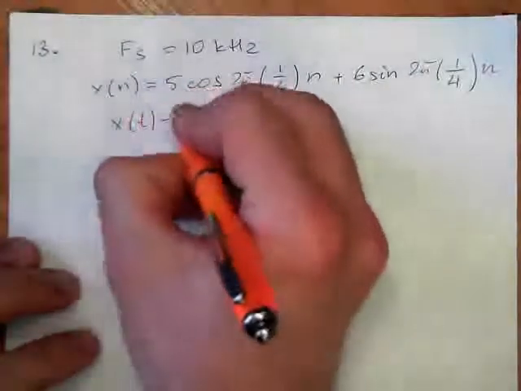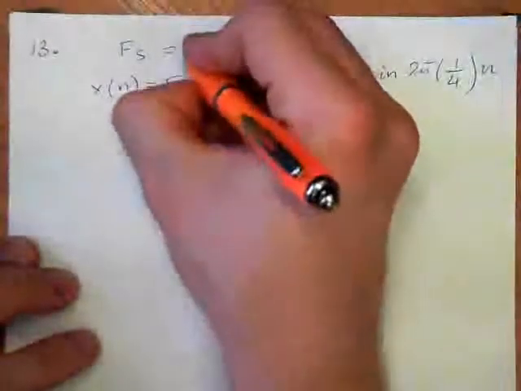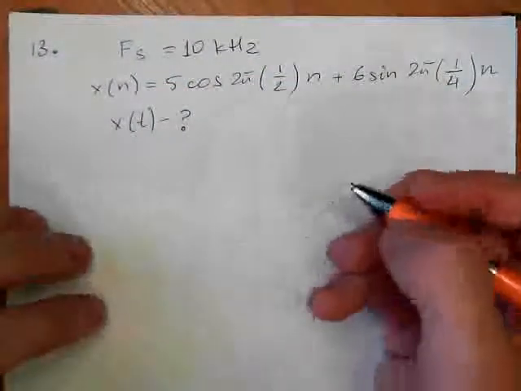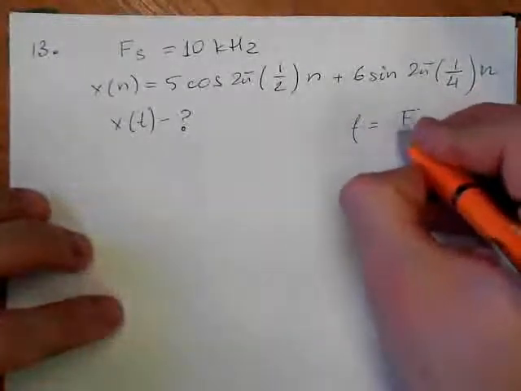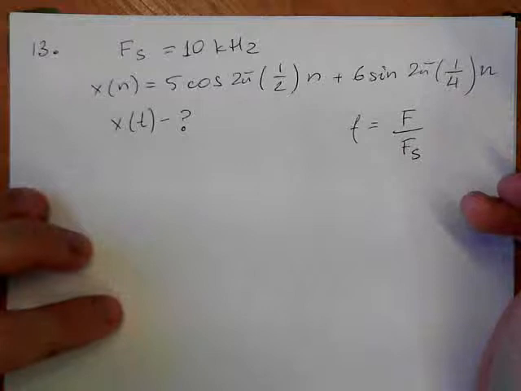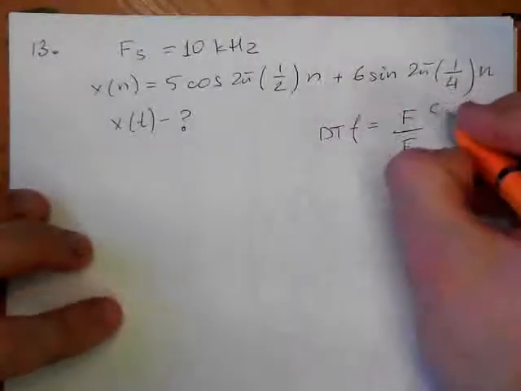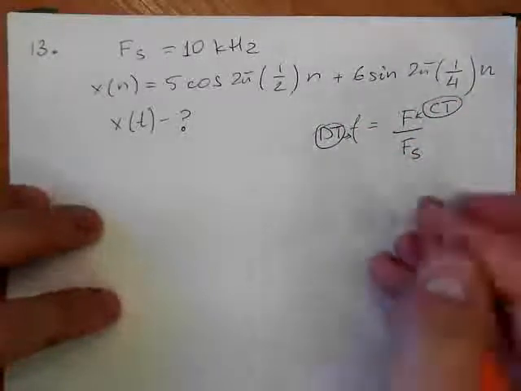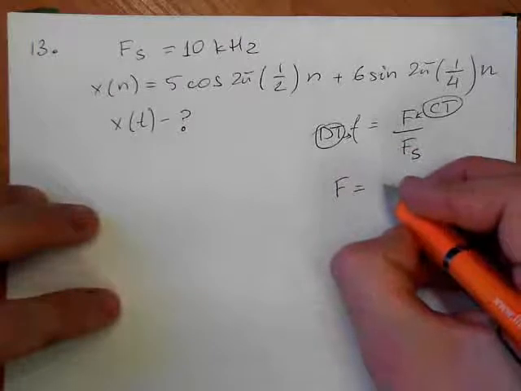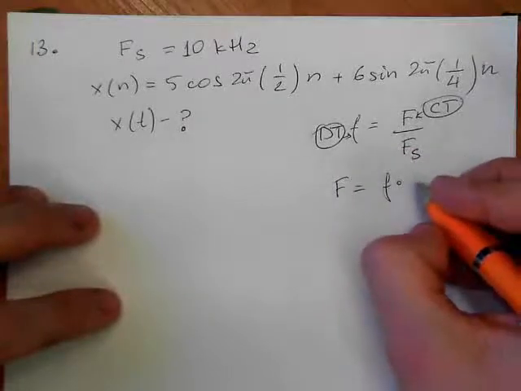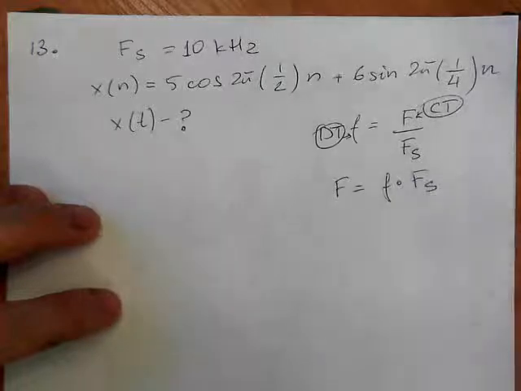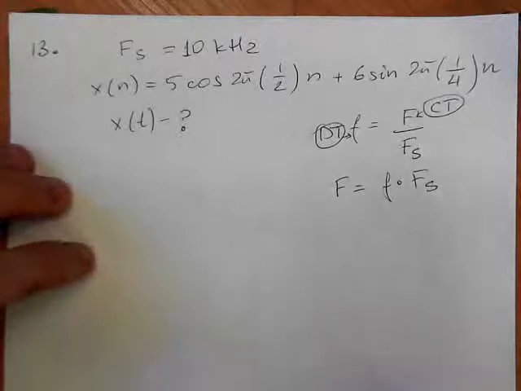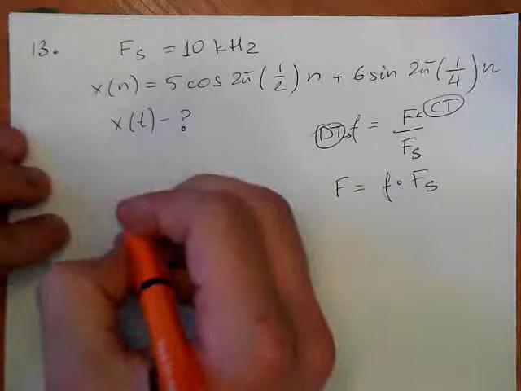We need to find xt. So here again we have this equation. This is DT, this is CT frequencies, yeah? So capital F is small f times Fs. And we now need to multiply.